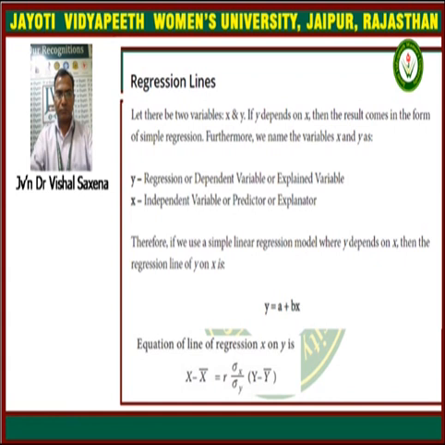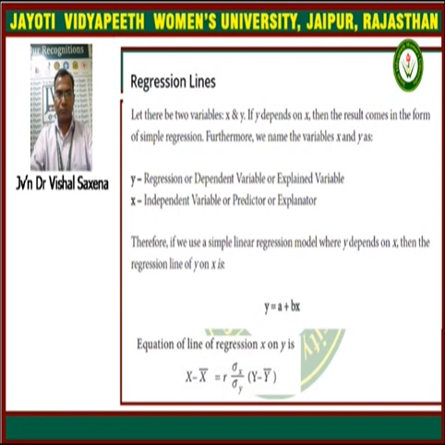Here x bar and y bar are the mean values of the two variables, or two series, x and y. R is the correlation coefficient between x and y, while sigma x is the standard deviation of series x, and sigma y is the standard deviation of series y.